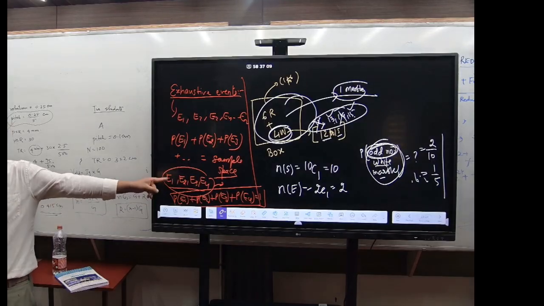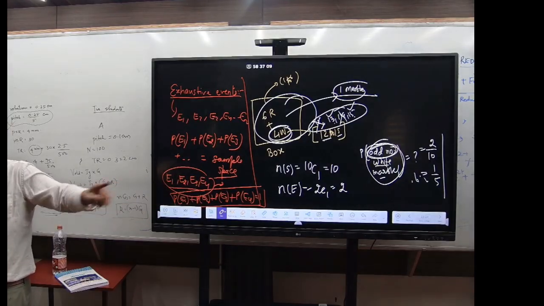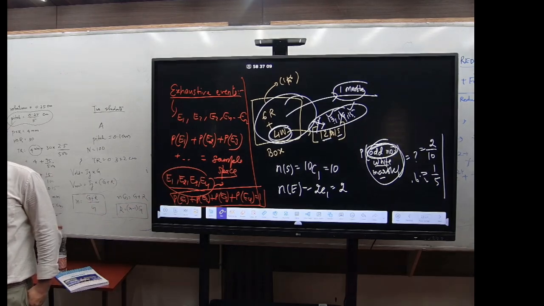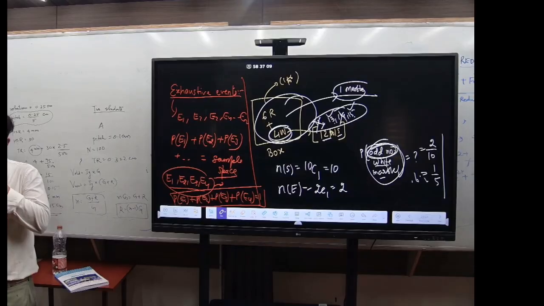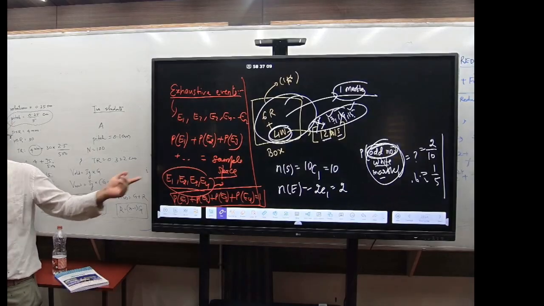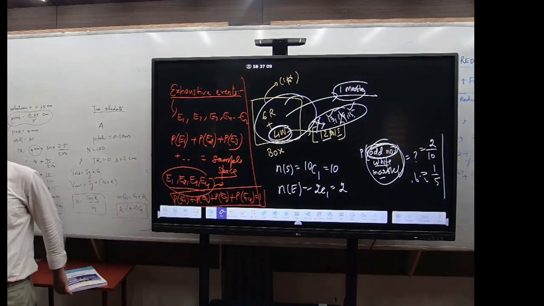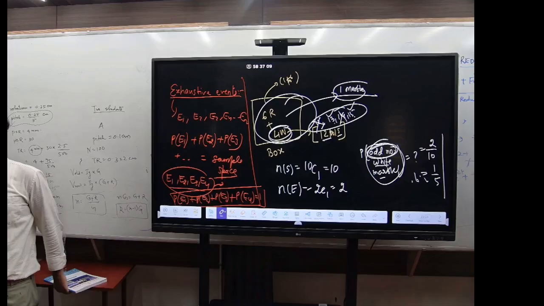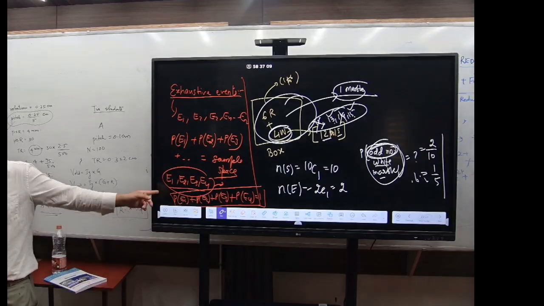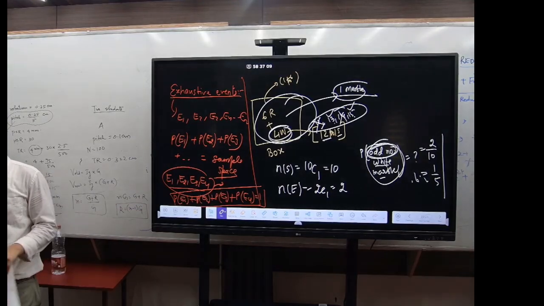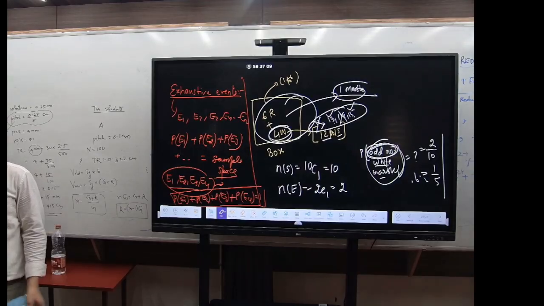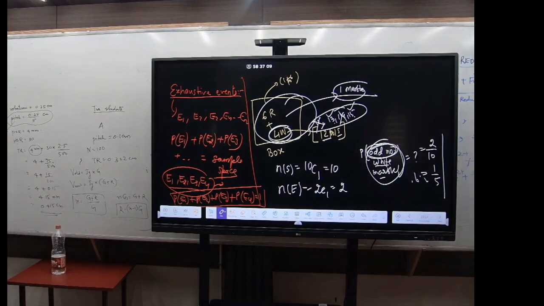If they are not exhaustive, the probability sum will not be 1. Tomorrow we will do questions based on this. Your 12th question will start from here. So what is an exhaustive event? Their union should give the sample space and the sum of probabilities should be equal to 1. So tomorrow we'll continue. Thank you everyone.